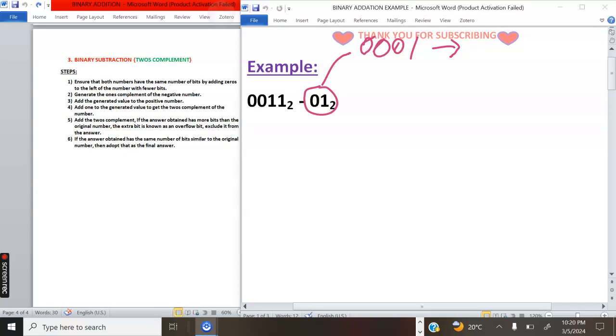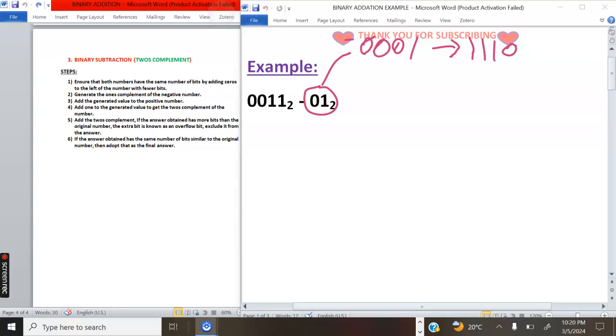So for this negative 1, it will be 1 1 1 0. We have generated a one's complement for the negative number, which was 0 0 0 1. So far we are at step number 2.